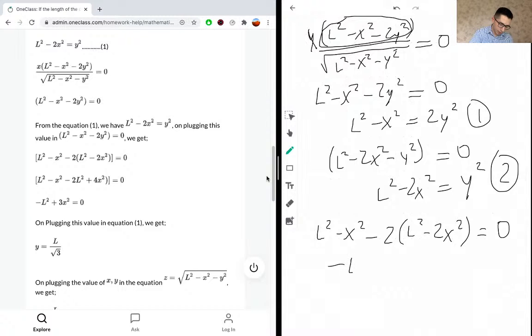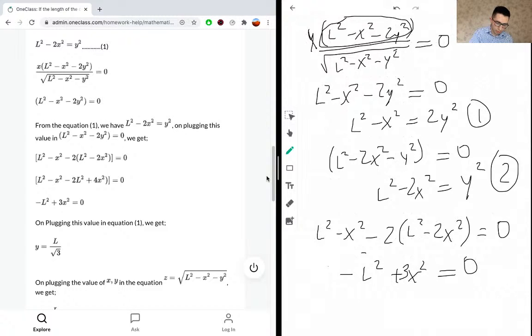So here we have L squared minus 2L squared, which is negative L squared, and then we have negative x squared minus negative 4x squared, so that would be positive 4x squared plus negative x squared, so that would be 3x squared, equals 0.